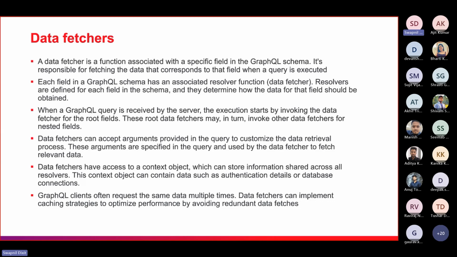Data fetchers have access to a context object which can store information shared across all resolvers. This context object can contain data such as authentication details, database connection, and other details. GraphQL clients often request the same data multiple times. Data fetchers can implement caching strategies to optimize performance by avoiding redundant data fetches.